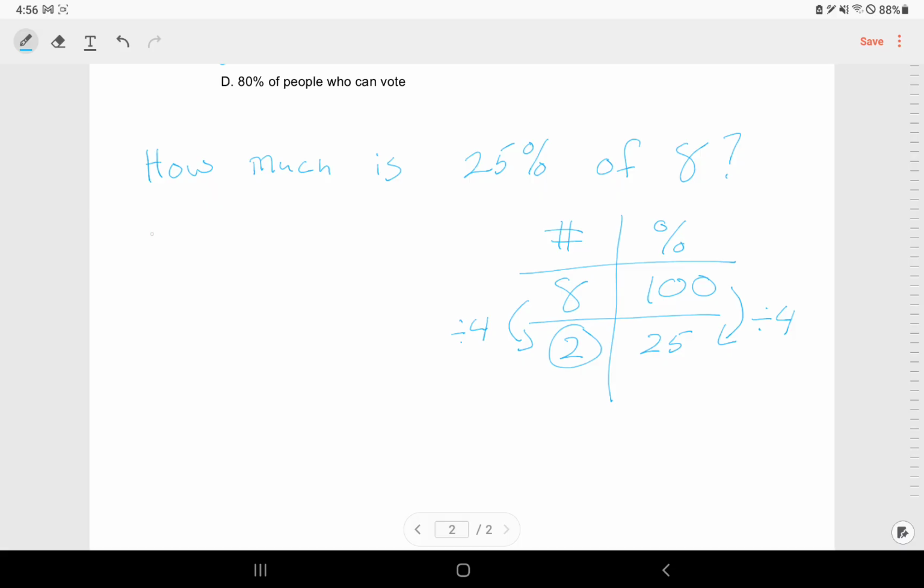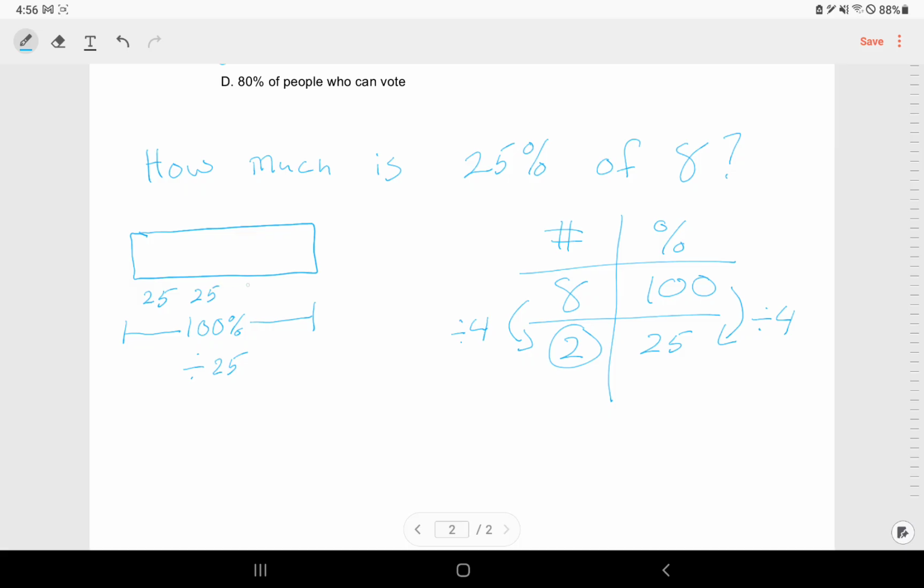Now, if we want to do a tape diagram, well, 100 is the entire percentage. And so if I divide that by 25, I apologize, that's 4 sections.